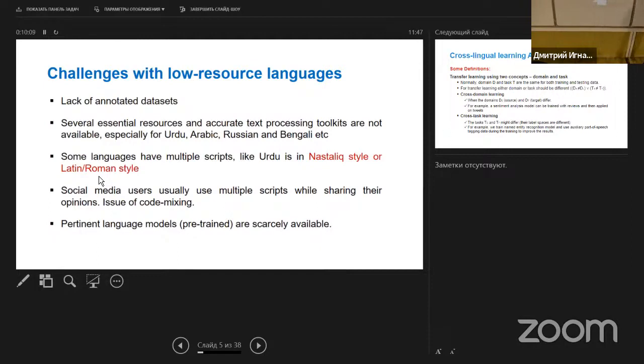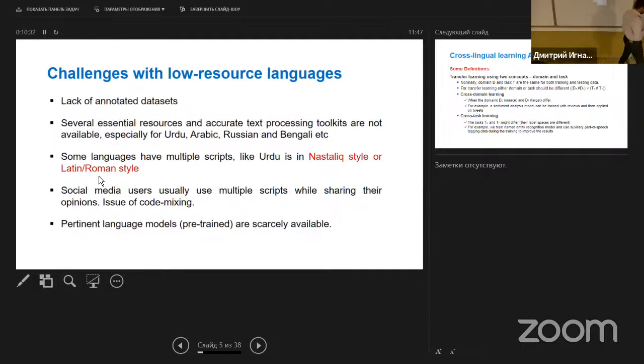Similarly, Arabic is also available in two styles. So that is another challenge. The fourth one is that, given the availability of these multiple scripts, social media users usually share their viewpoints using these multiple scripts.